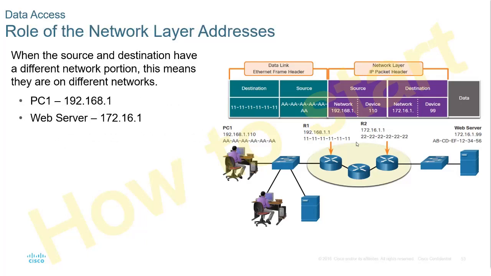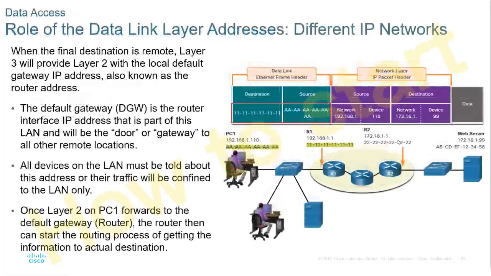So the role of the network layer address is about being able to stay active as it flows through the network. Each time the router receives the frame, it will look at the layer 3 address, the IP address. And when it knows, I need to send this to that router, it will use its layer 2 information.